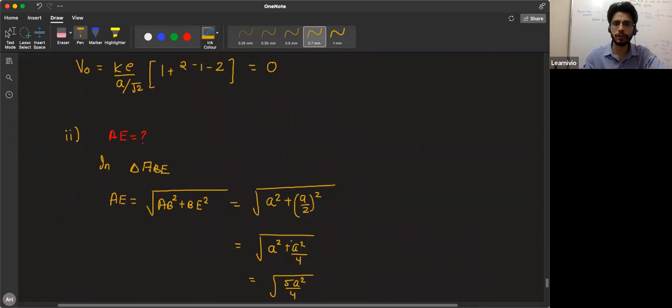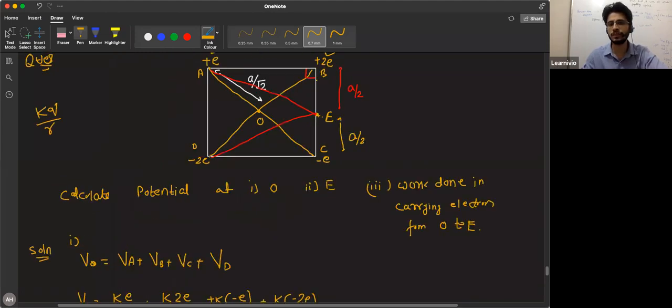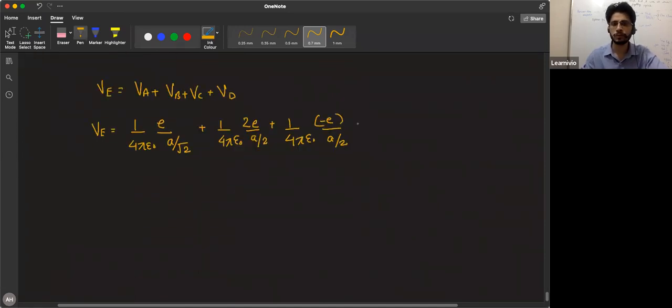So the potential will be 1 over 4 pi epsilon naught, charge is minus E and separation is A by 2. Then you have this last charge D. Charge is minus 2E and separation is A root 5 by 2. So this is again 1 over 4 pi epsilon naught, charge is minus 2E, separation is A root 5 divided by 2.